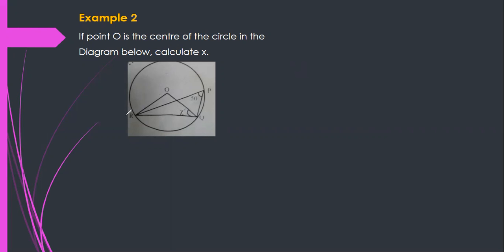Take a look at this. Triangle ROQ is an isosceles triangle. You also need to remember that the base angles of an isosceles triangle are equal to each other. So let's work it out.